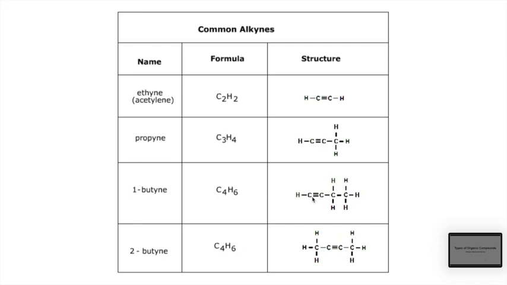The triple bond is present between the first carbon and the second carbon, so it will automatically be 1-butyne. 2-butyne, C4H6: 1, 2, 3, 4. The triple bond is between the second carbon and the third carbon, so you have 2-butyne.